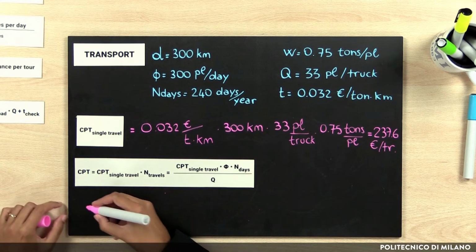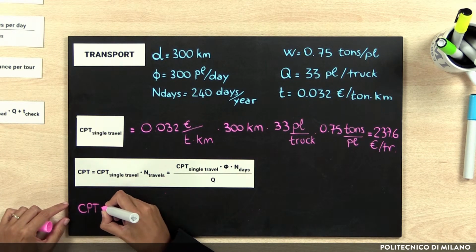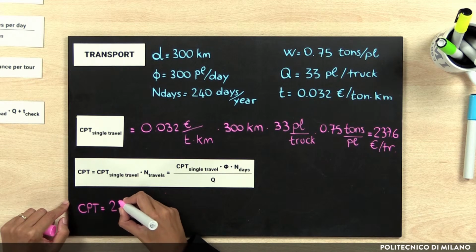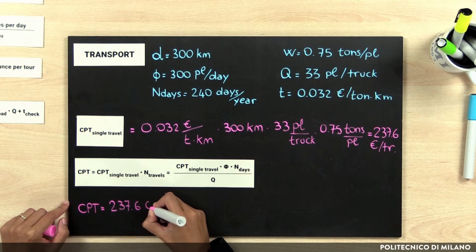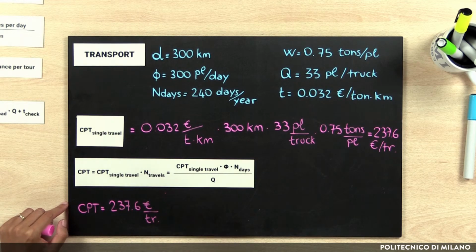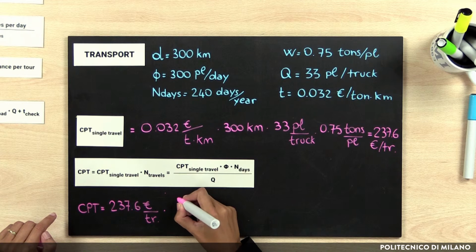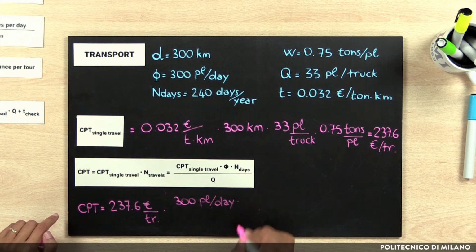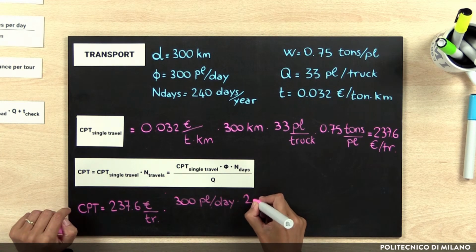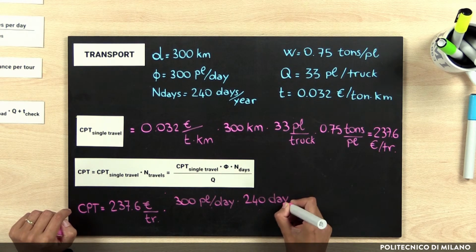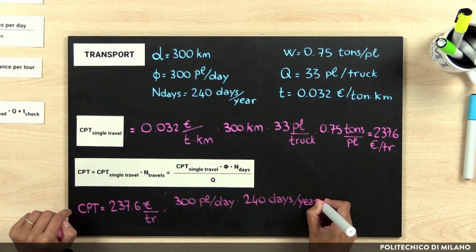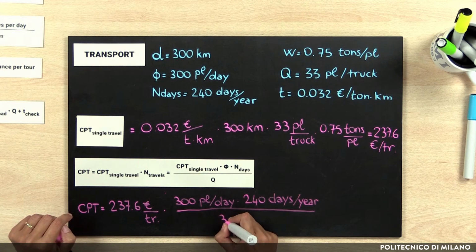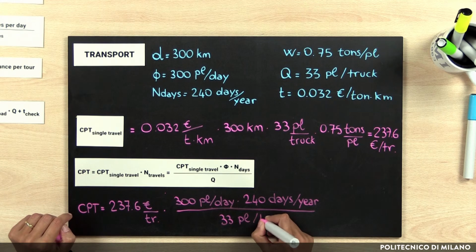So, the total cost of primary transport is equal to the cost of a single travel, 237.6 euros per travel, multiplied by the flow of goods, 300 pallet loads per day, multiplied for 240 days in a year, all divided by the quantity Q, 33 pallet loads per truck.